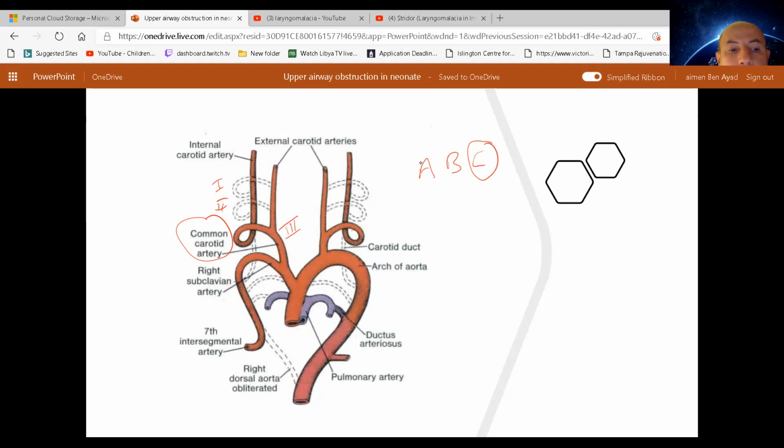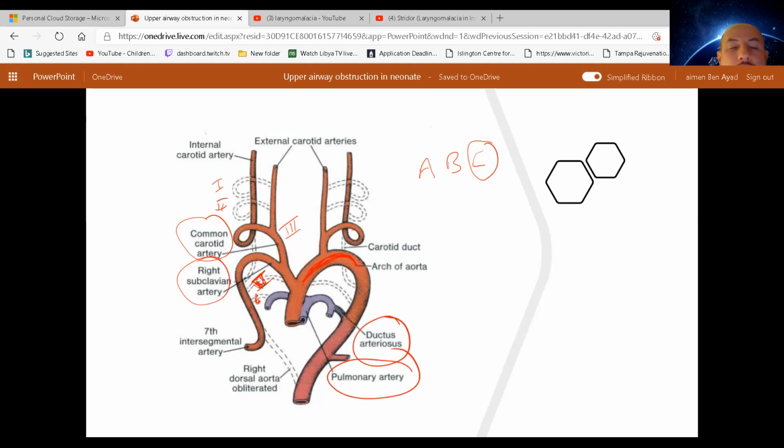The fourth aortic arch: the right side gives you the right subclavian artery, and the left side gives you a portion of the arch of the aorta. The fifth aortic arch also degenerates or disappears. And then the sixth aortic arch gives rise to the pulmonary artery and ductus arteriosus.